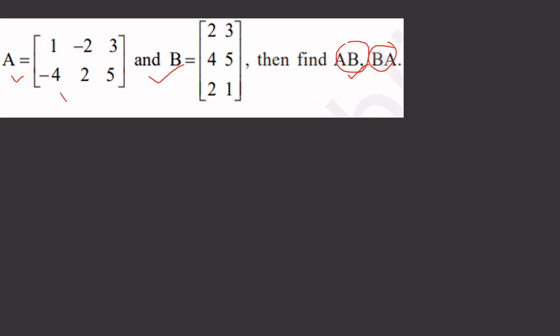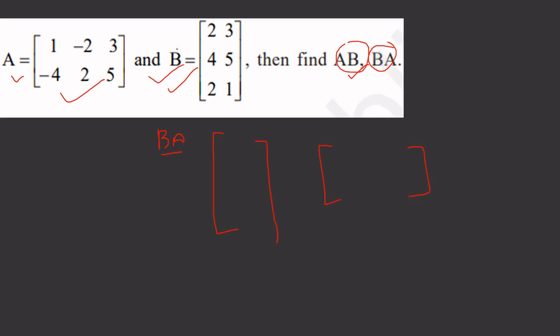First you multiply A into B. Now if we multiply B and A, it is not the same as A into B, because we have to write B first and after that A. Then find BA.